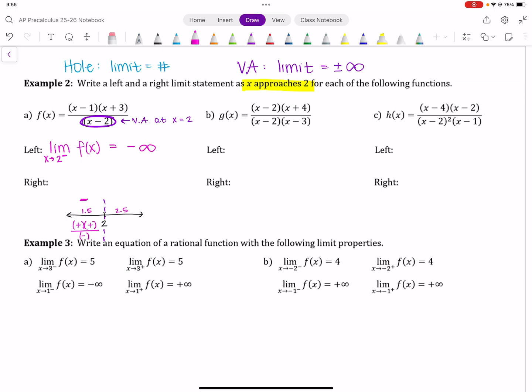And then the right side, if we check 2.5, 2.5 minus 1 is going to be a positive number. 2.5 plus 3 is positive. 2.5 minus 2 is positive. So our right side is going up, meaning our right limit of f of x as x approaches 2 from the right is positive infinity.